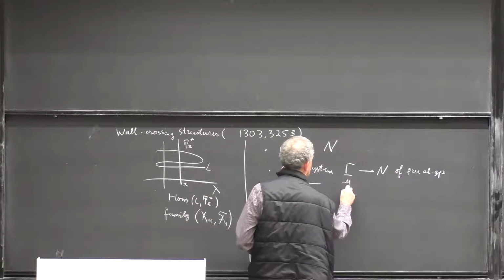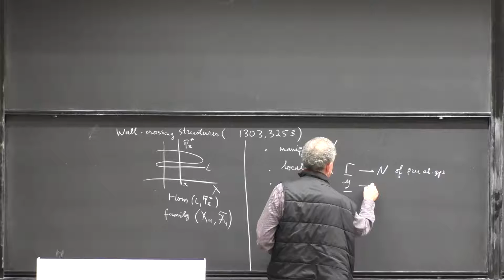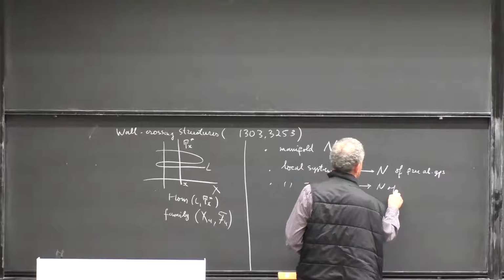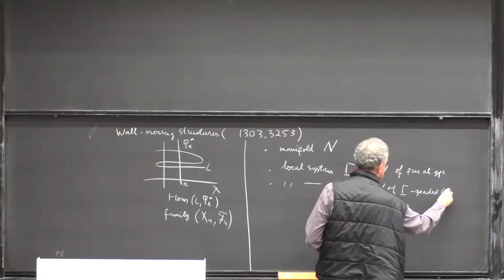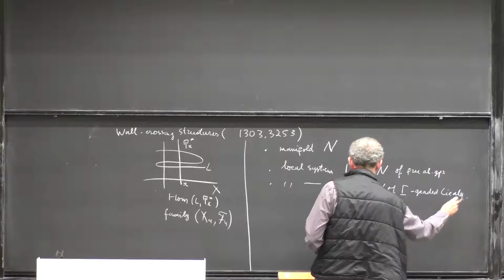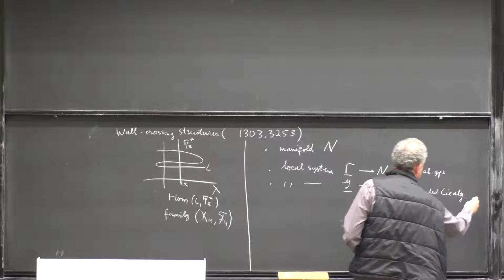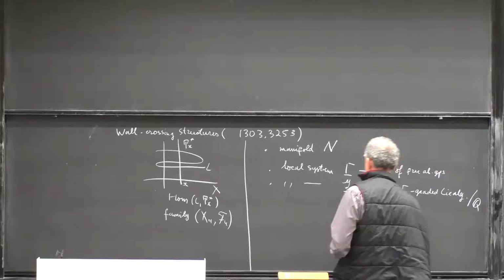A local system over N of gamma-graded Lie algebras, say over rationals.